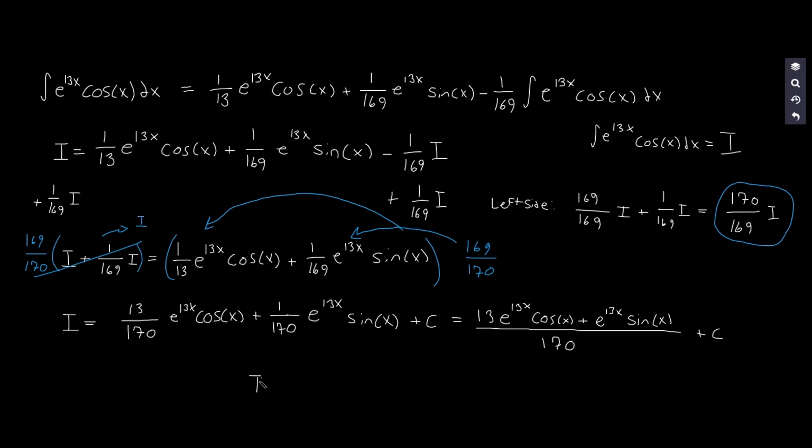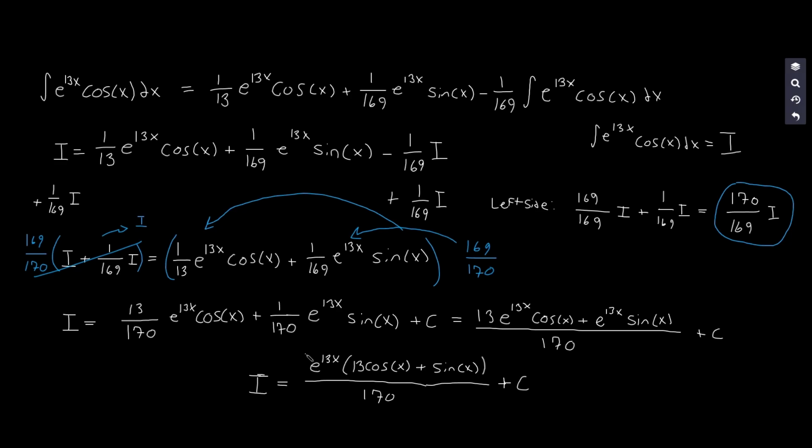So I can actually factor that. So I have I equals e raised to the power of 13 times x times 13 cosine of x plus sine of x over 170 plus c.